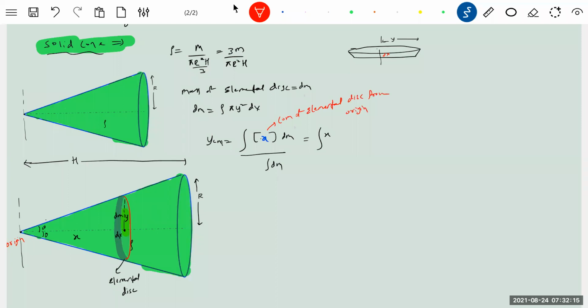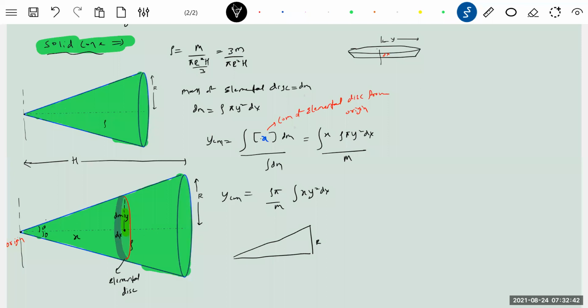Now what is dm? We'll substitute all the values here. dm will be rho pi y square dx. Rho pi comes outside, so x y square dx. How to manage all these things? Okay, we'll look at the triangle. We have some triangle.